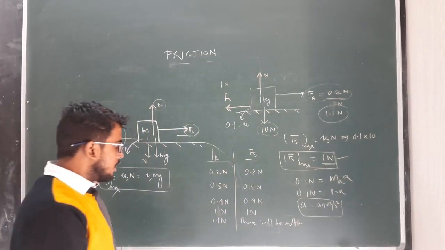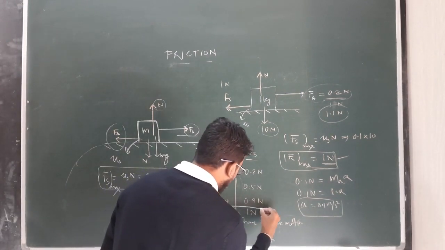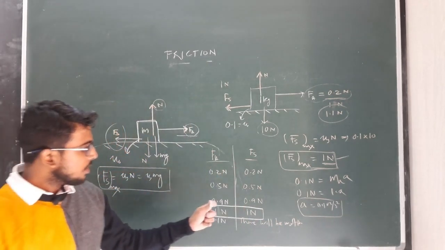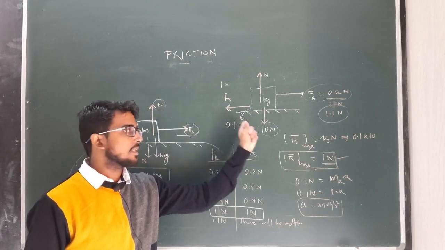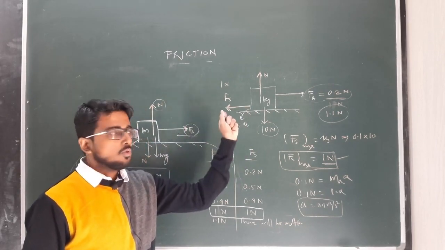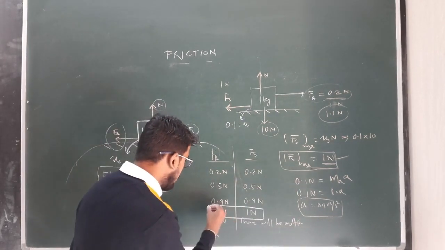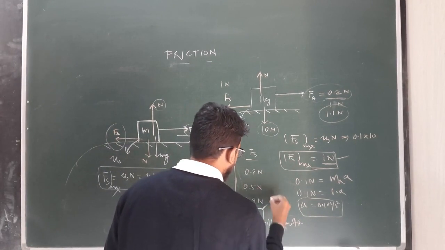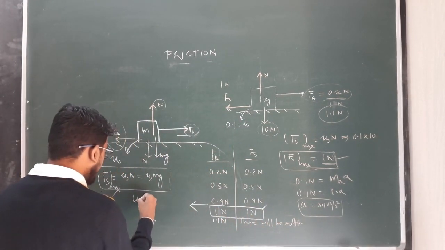Clear? So here the maximum limit for the static case is this one. This is the limit up to which the body will remain static due to the maximum value of the static friction, and that particular value of the static friction is known as limiting static friction.